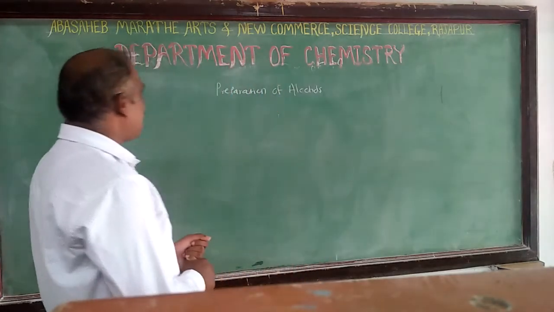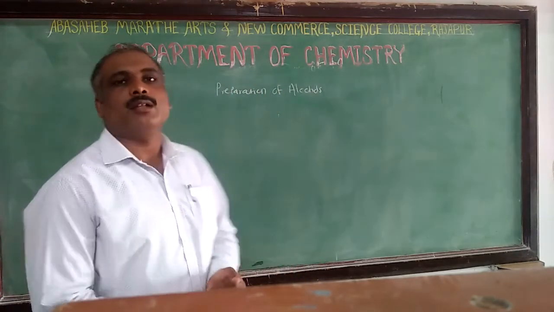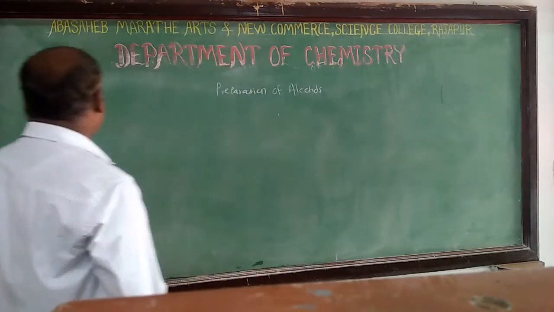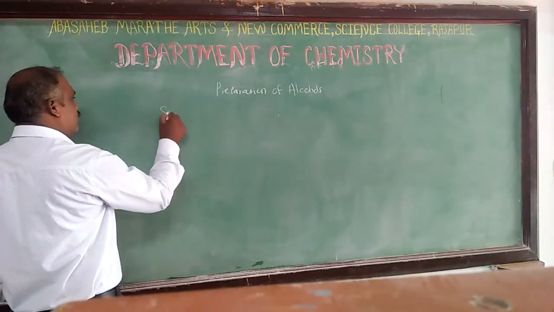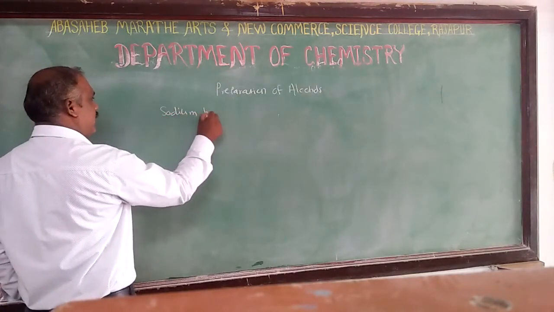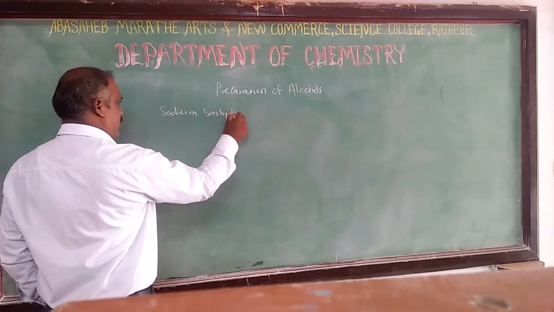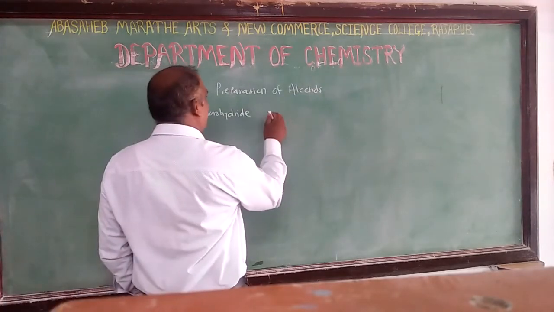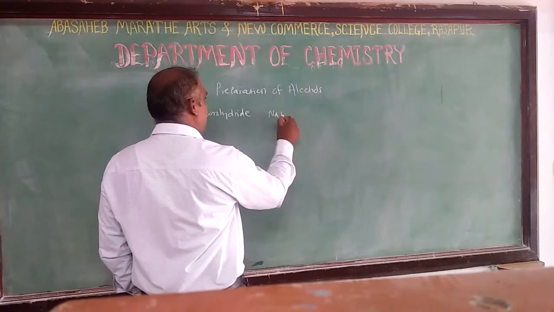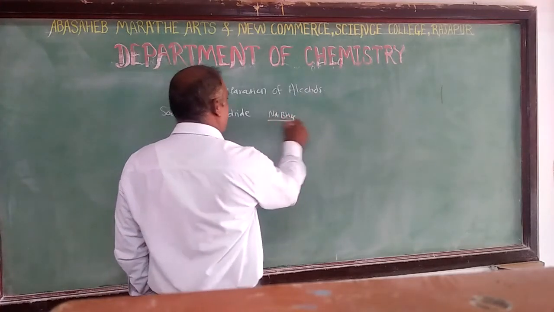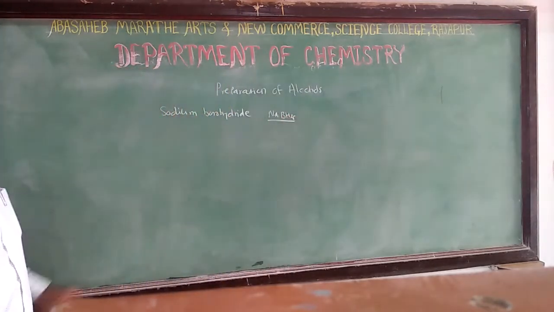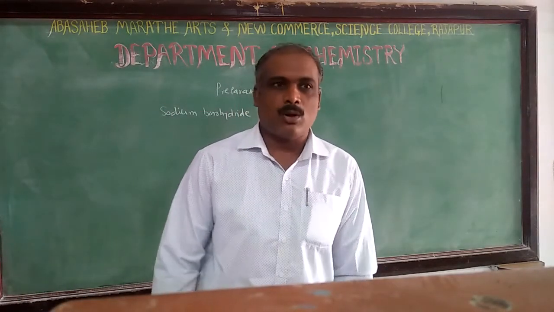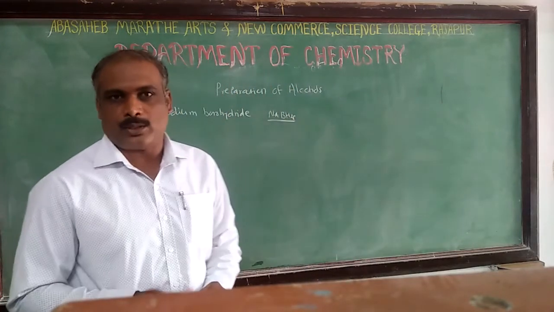Now we will see how to prepare alcohols by using hydrides, one of the hydrides like sodium borohydride, NaBH4. This reagent is very selectively used for the reduction of only aldehydes and ketones.